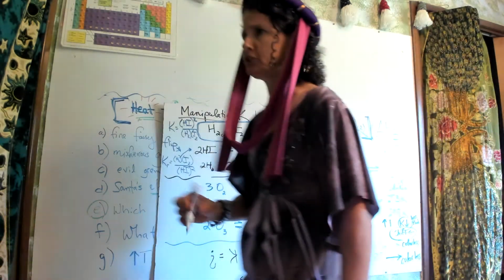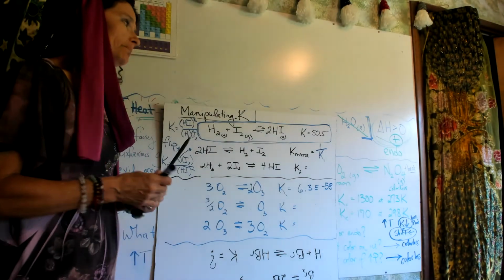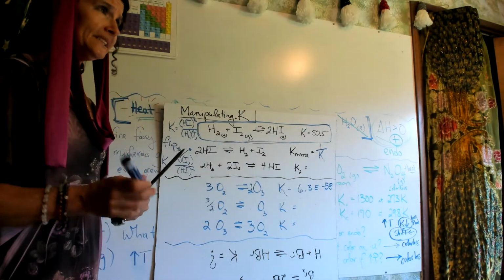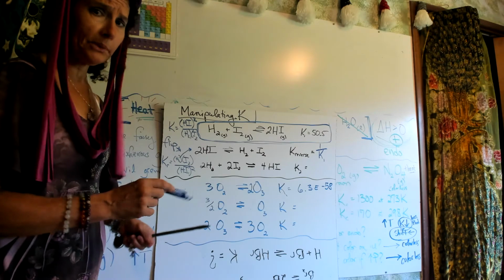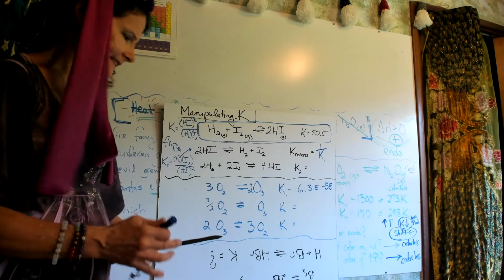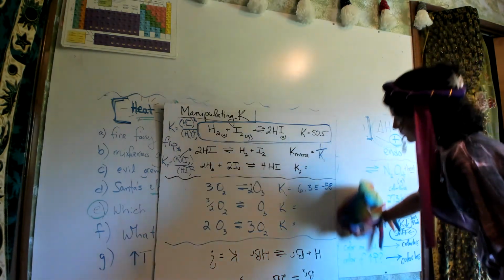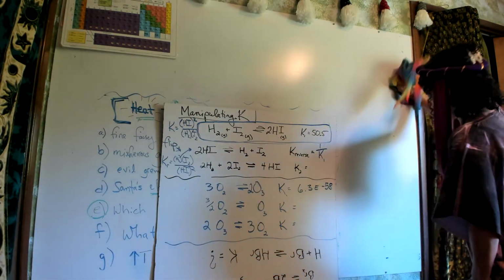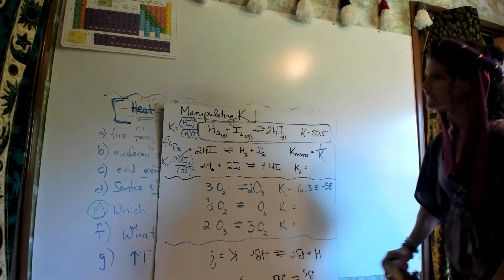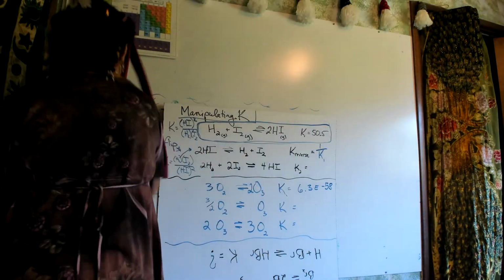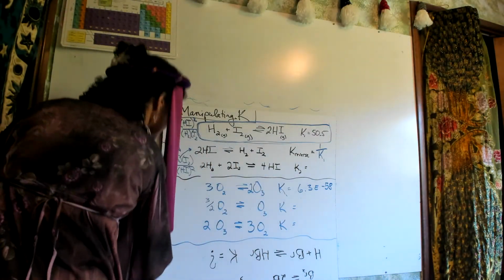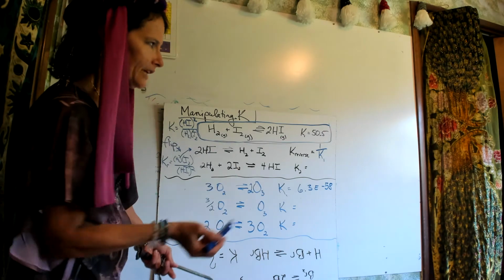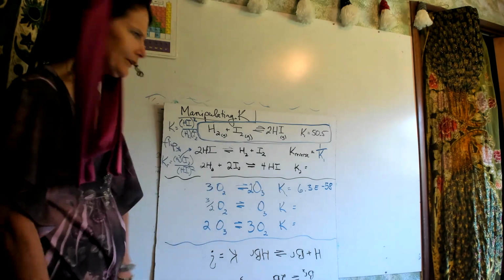There is a number given to you. I want to mention, you will sometimes see where I don't give you numbers. I want you to write it as an algebraic expression. So it's just 1 over K. It's in your calculator.